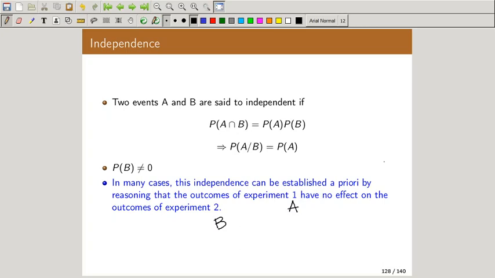Independence is symmetric, which means A is independent of B, which also means B is independent of A. So A and B are independent of each other when this is satisfied. Okay, that is very, very important.